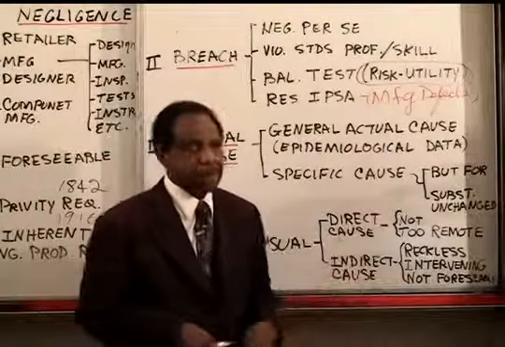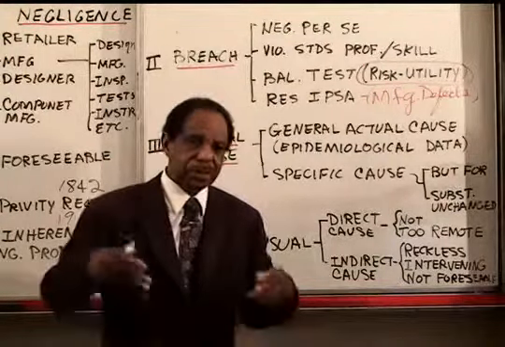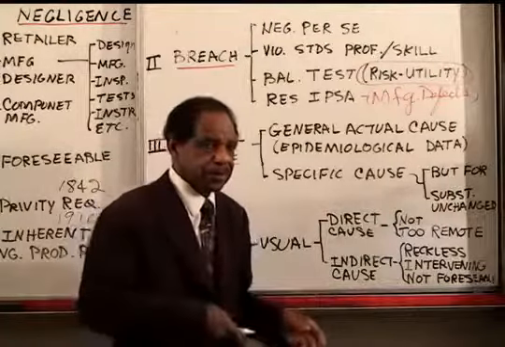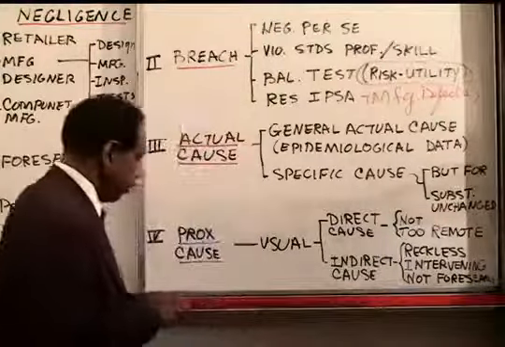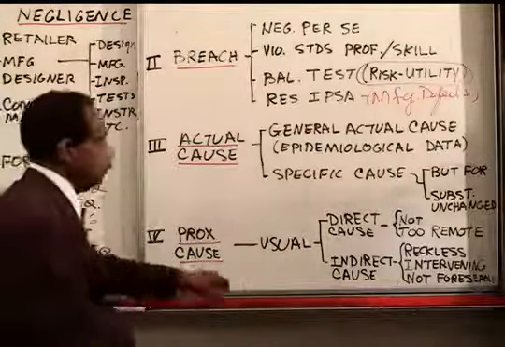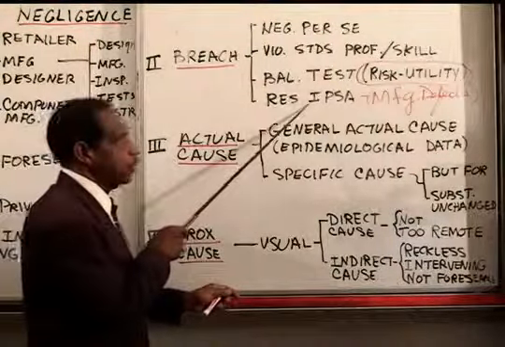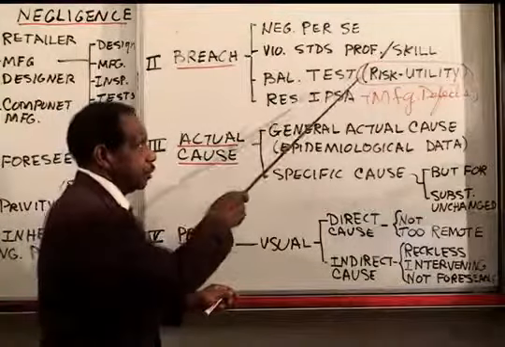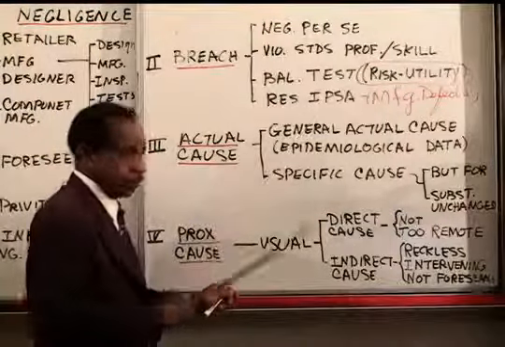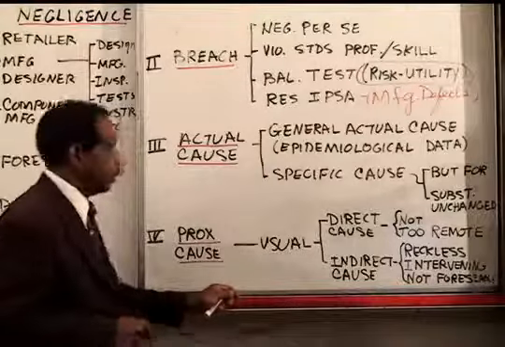You might use something like res ipsa to show that there was a manufacturing defect, and now you've got strict liability. So the point here is that you might use the balancing test and res ipsa both in negligence to show breach of duty, but these are also used in design defects and manufacturing defects when you're doing the strict liability part of the analysis.